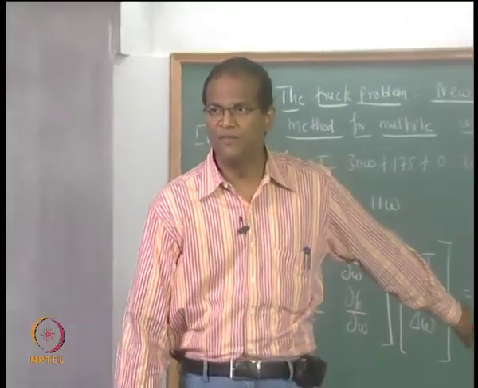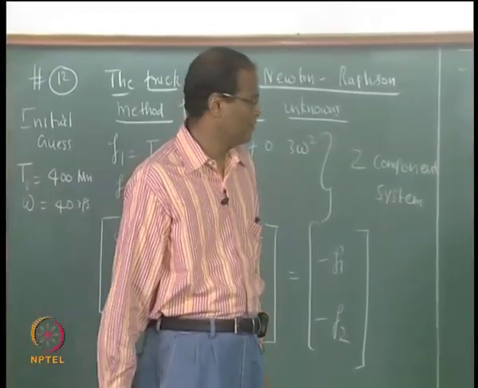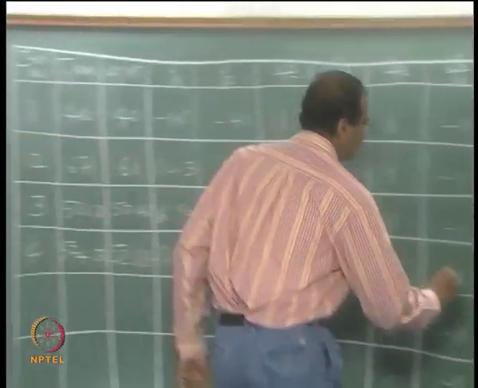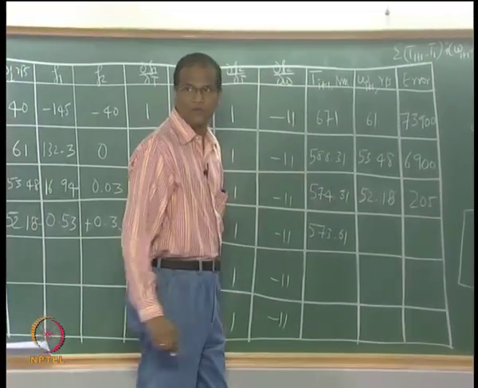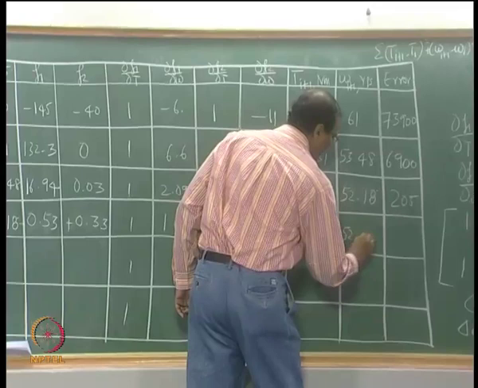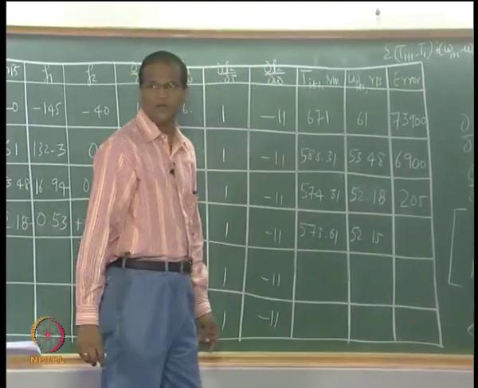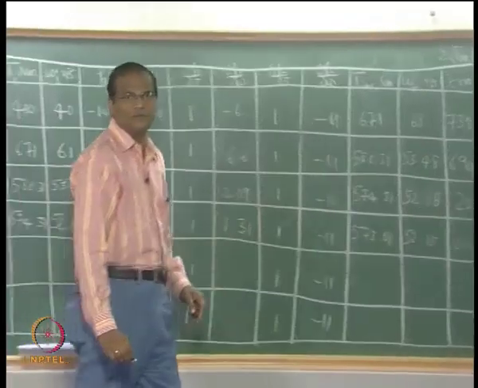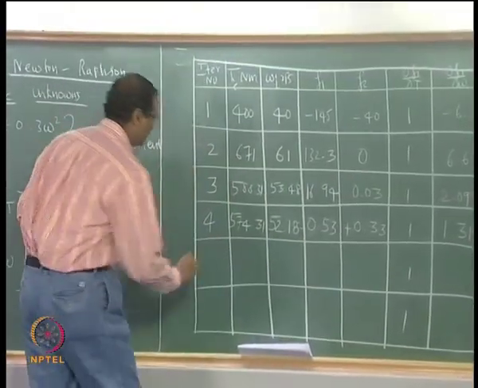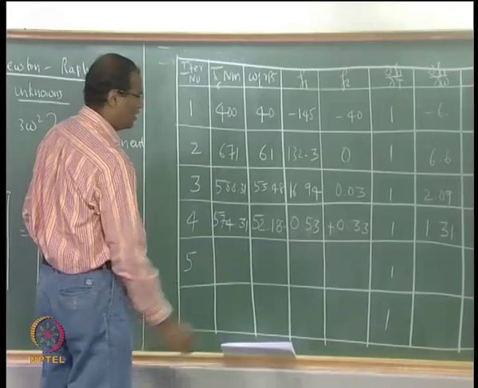What are you getting? 573.6. Error 0.20. We will just go for one more iteration because it's still not there.